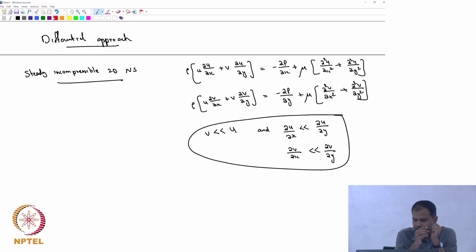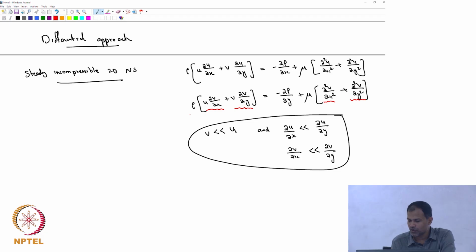And if I use that, and look at my y momentum equation, I find that this quantity has a ∂v/∂x in it. This quantity has a v times ∂v/∂y. This is also proportional to v, and this is also proportional to v.